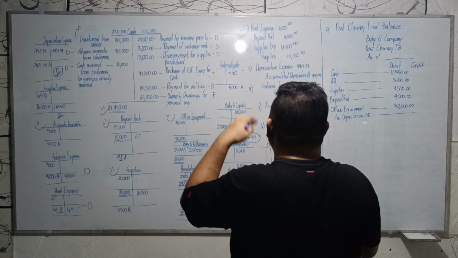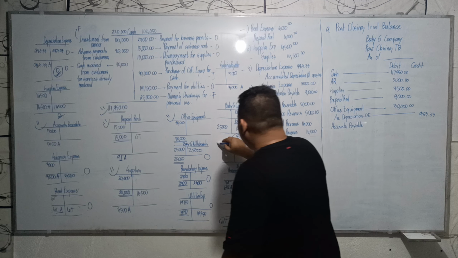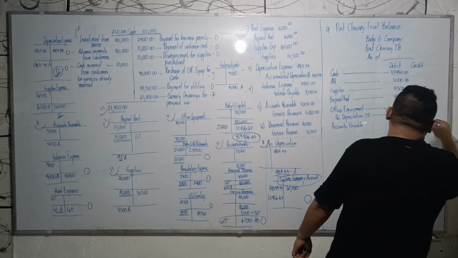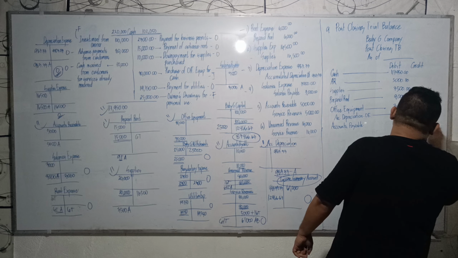Let's go to the liabilities. And we have an accounts payable of 10,000. Let's put a smiley face. And we have the unearned service revenues.